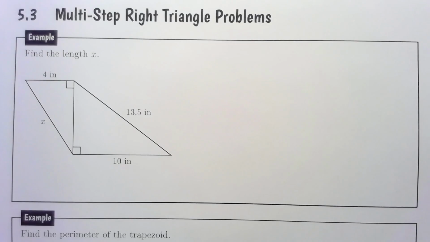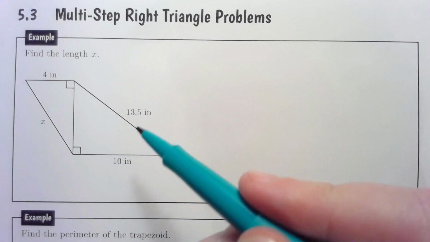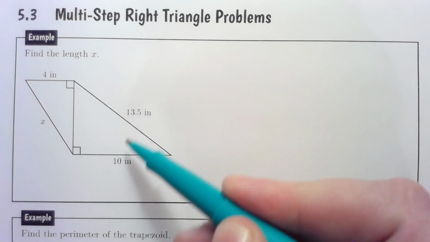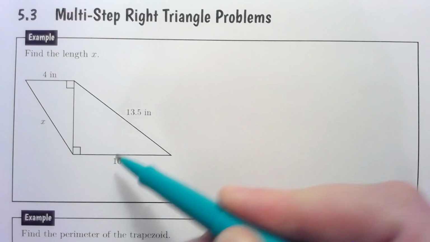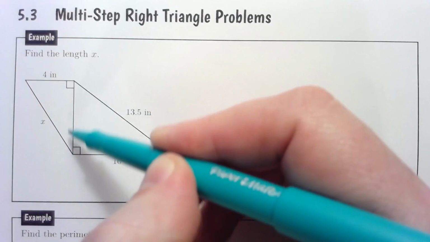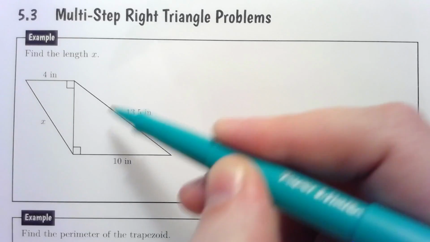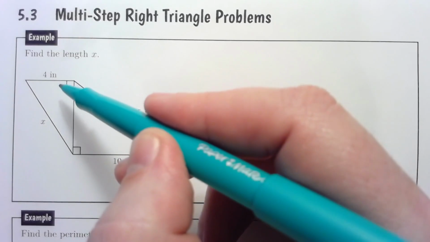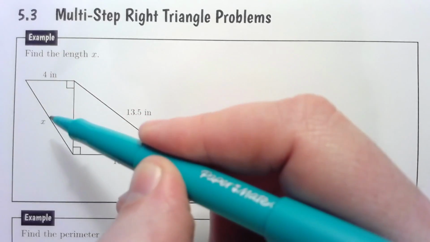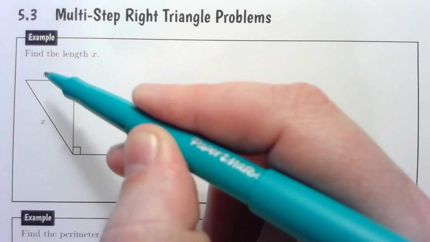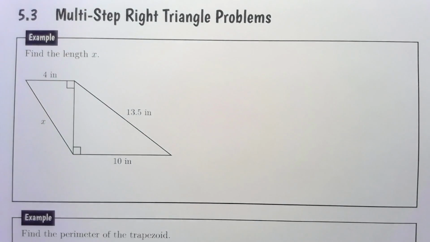Well, actually, that's not too much of a problem, because we do know these two lengths. If we know these two lengths, we can find what this length is as the third side of the right-hand right triangle. And then the left side right triangle will then have two known sides, which means we can find the third side, which is the side that we want.